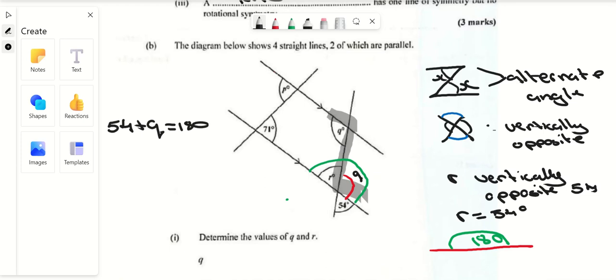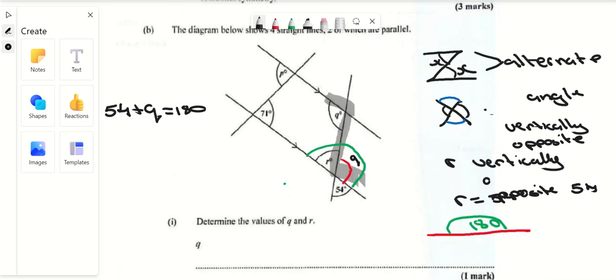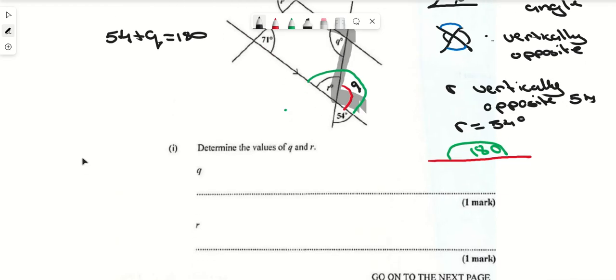So we're going to say 54 plus Q is equal to 180. So Q is equal to 180 minus 54, which is equal to 126. That would be your answer.